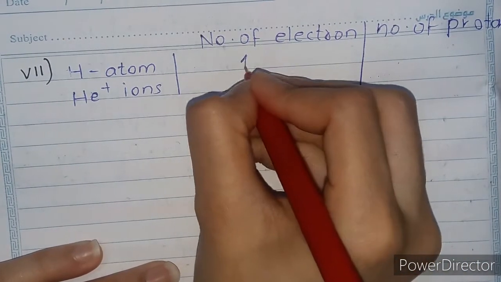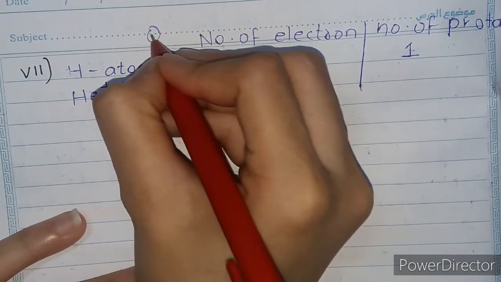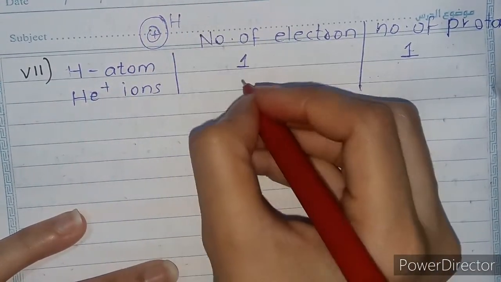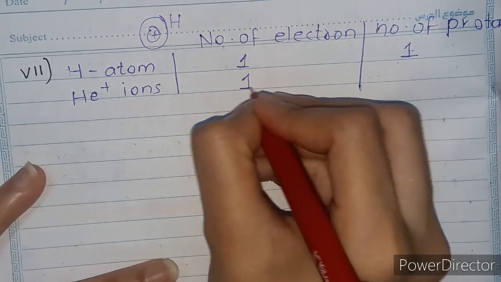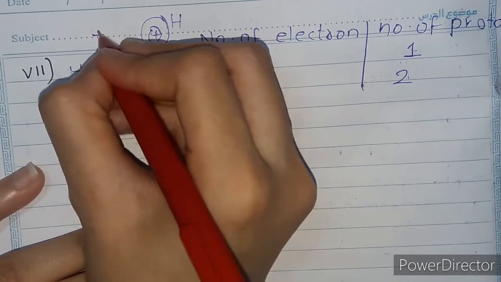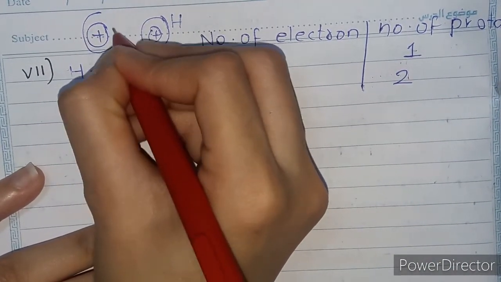So number of electron are 1 here and the number of proton are 1. This is hydrogen. Then in helium plus the electron are 1 and the proton are 2. So more positive charge.